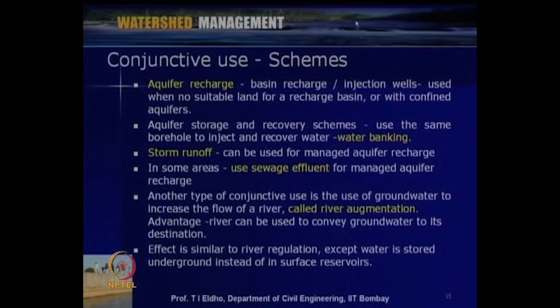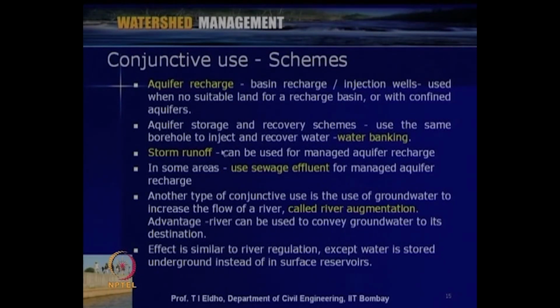In any of the important schemes of conjunctive use, the major thrust will be on aquifer recharge, like basin recharge and injection wells. We use injection wells when there is no suitable land for a recharge basin or with a confined aquifer system. So, we can go for basin recharge or injection wells. Then aquifer storage and recovery schemes.